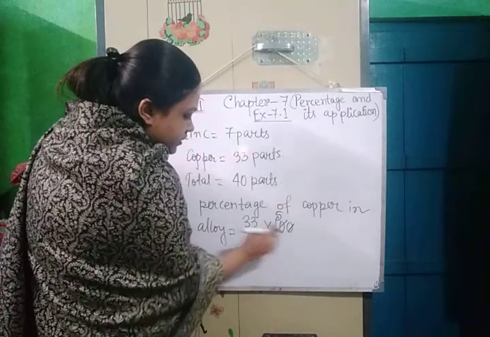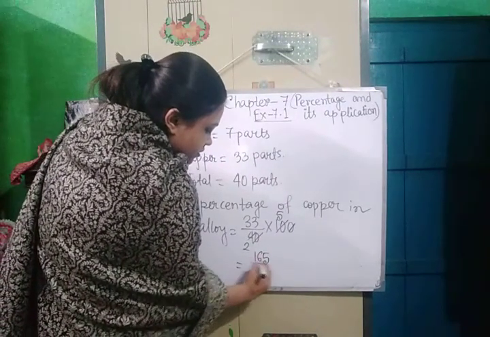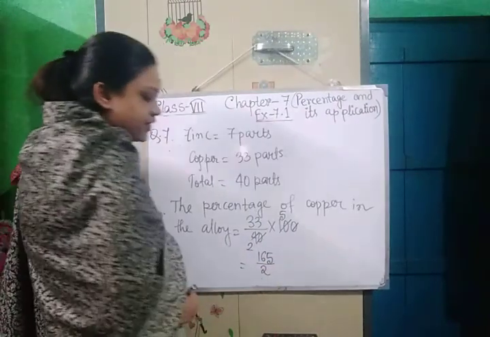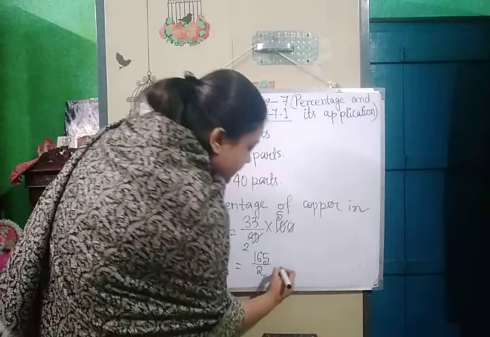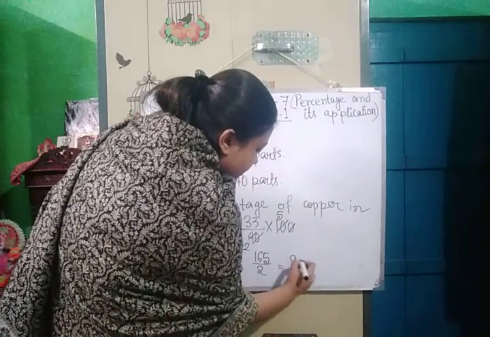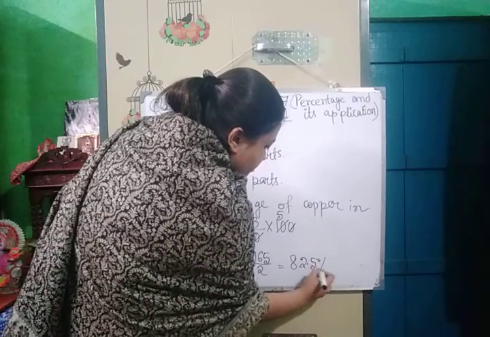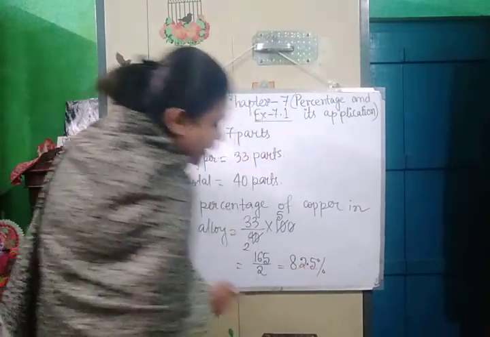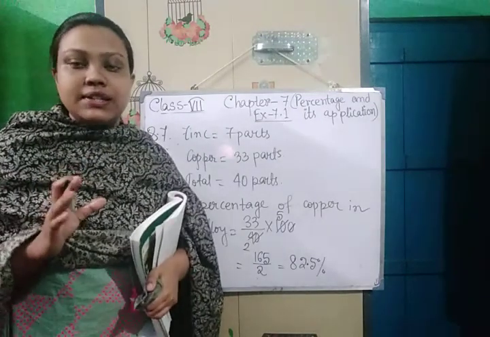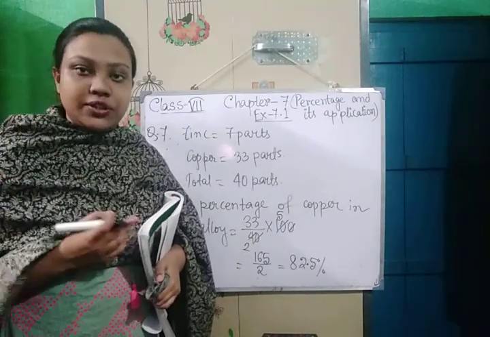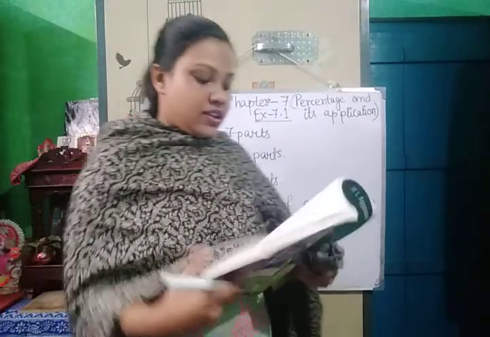Now 33 into 5, 165 by 2. Now 165 by 2 will be 82.5%. Okay. So 82.5% is the required percentage of copper in the alloy. I hope you understood this one.